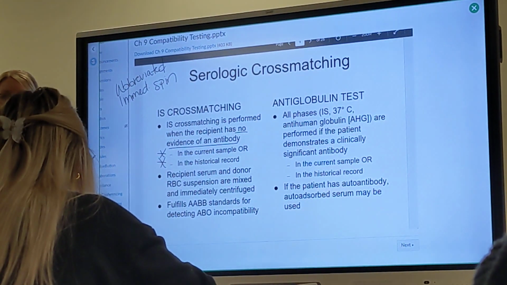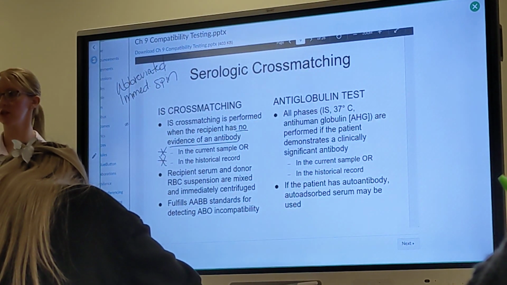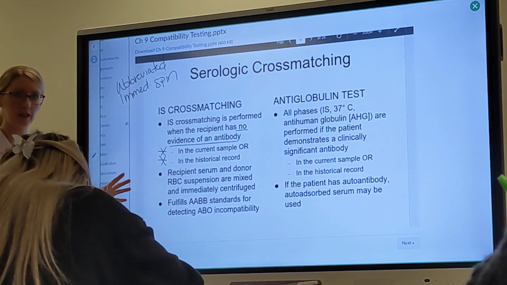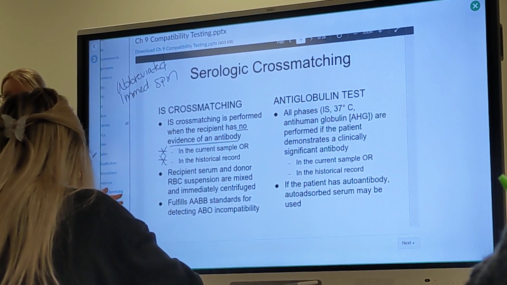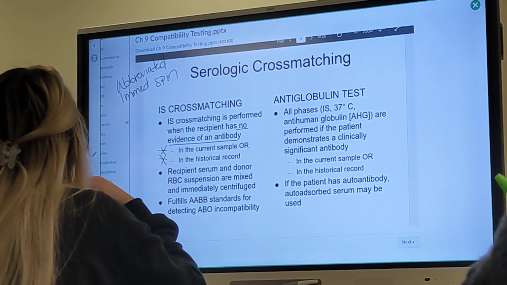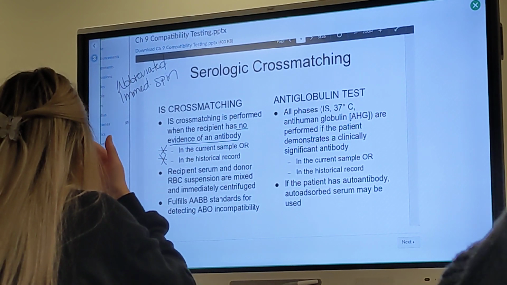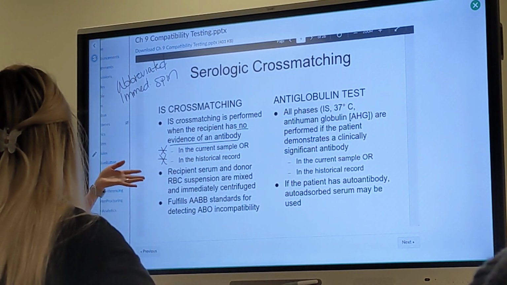If their antibody screen is negative today, and they never had an antibody ever at your facility, ever. Even if their antibody screen is negative today, it doesn't mean that they don't have a history of an antibody. Which means if you give them blood that has the antigen for which they had an antibody 10 years ago, they're still going to have a transfusion reaction.